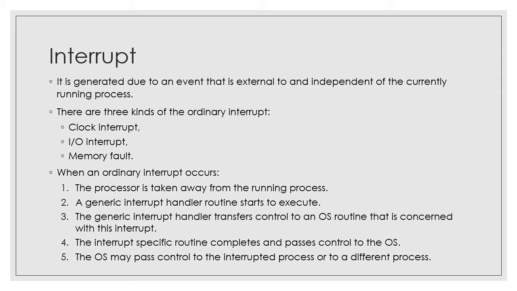We took the processor from the running process momentarily and then we gave the processor back to the running process. But if the OS passes control to the dispatcher and the dispatcher passes control to some other process than the one interrupted, then we have just witnessed a process switch.